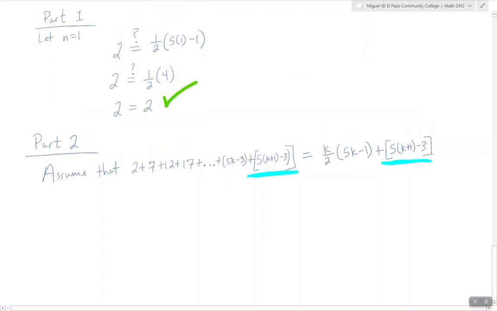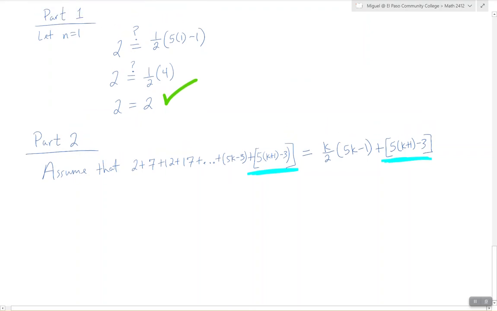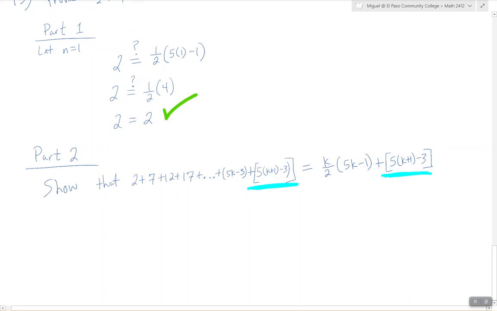Oh, I'm doing the second part already, huh? So let me do show that. Change this to show that. Equal to k.